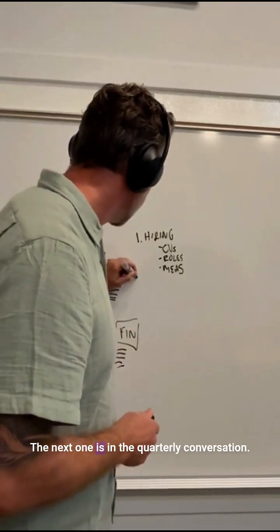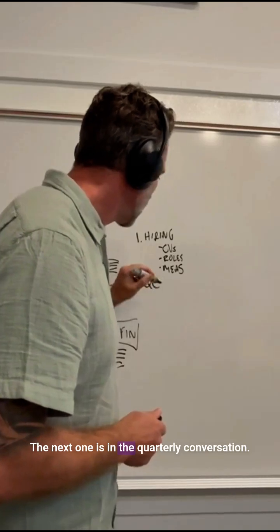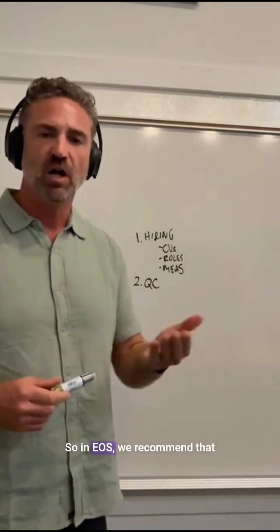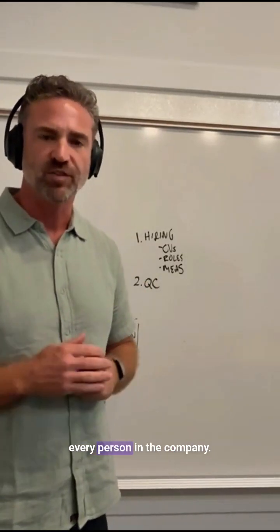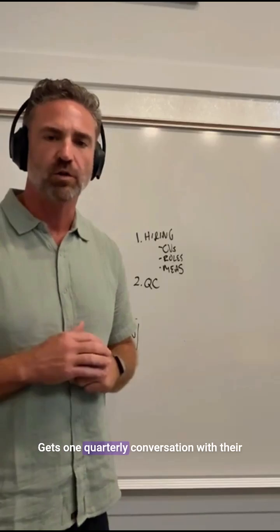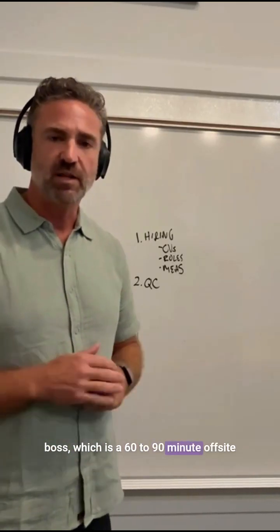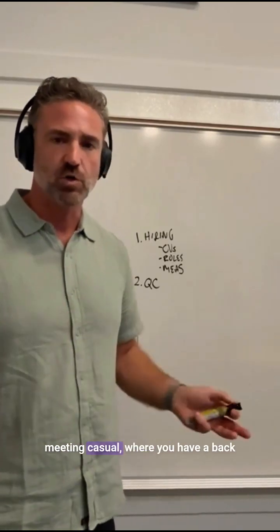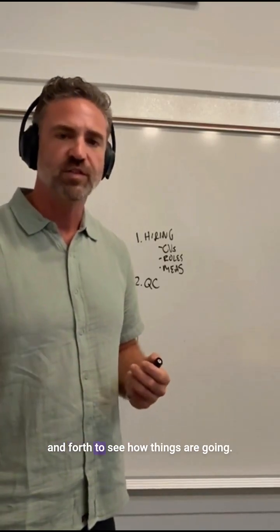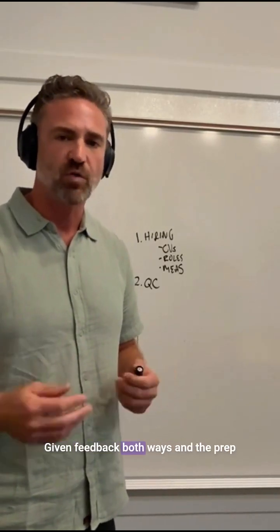The next one is the quarterly conversation. In EOS, we recommend that every person in the company gets 1 quarterly conversation with their boss, which is a 60 to 90 minute offsite meeting, casual, where you have a back and forth to see how things are going, giving feedback both ways.